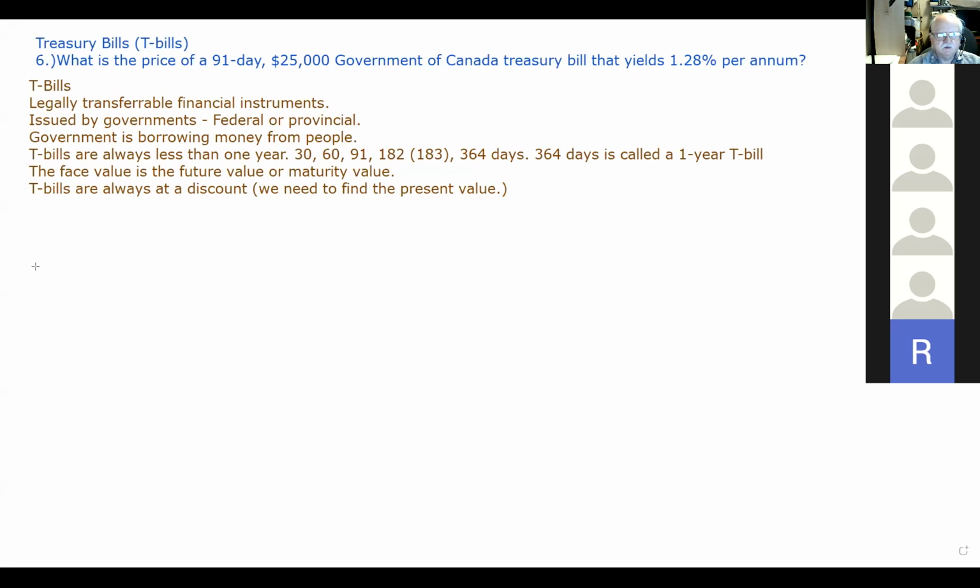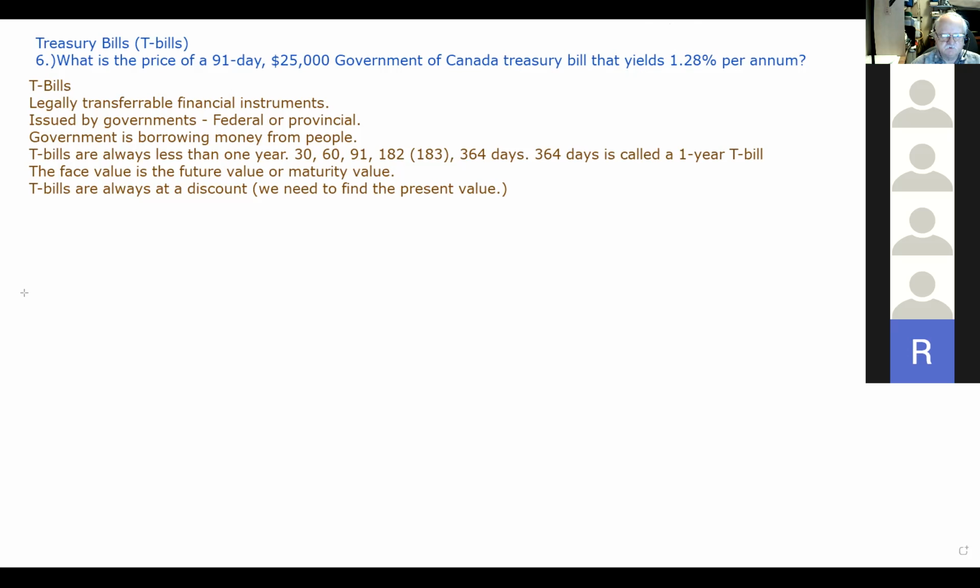So it says, what is the price of a 91-day $25,000 Government of Canada Treasury bill that yields 1.28% per annum? For some reason, they don't talk about the rate of interest on a T-bill. The terminology they use is they refer to the yield on the bill.